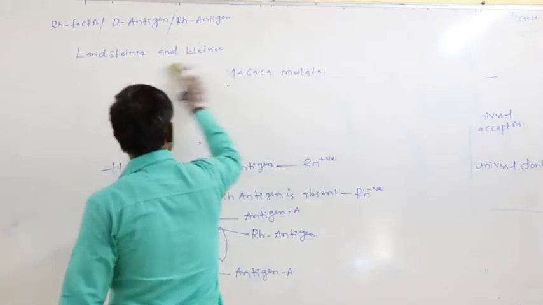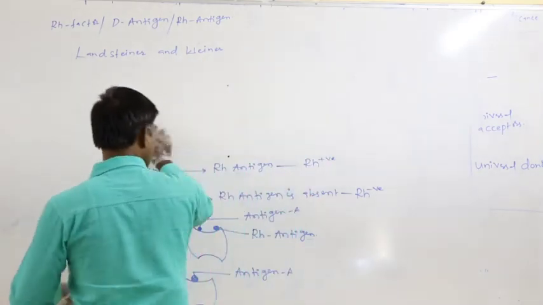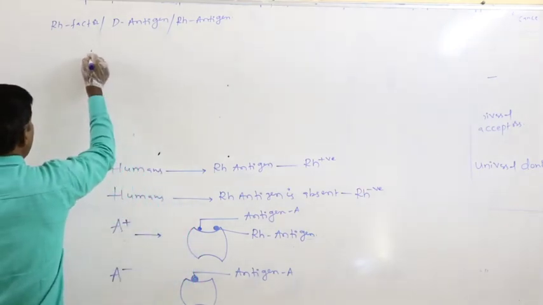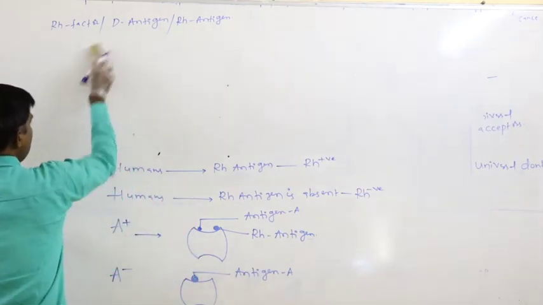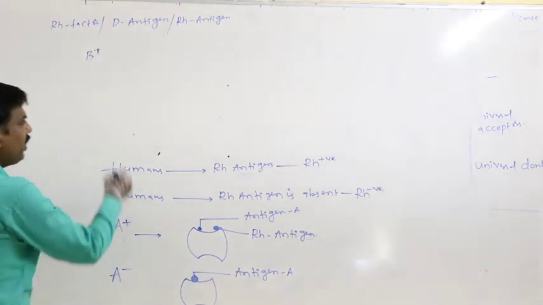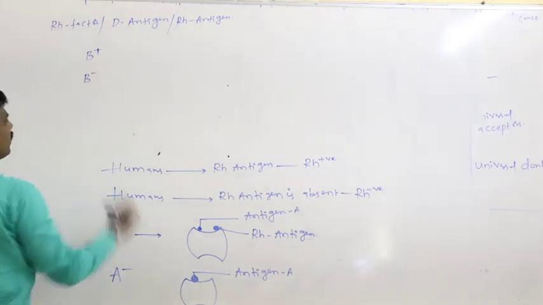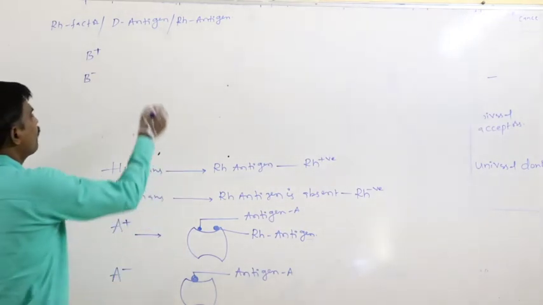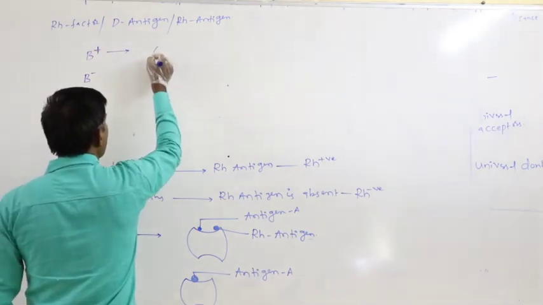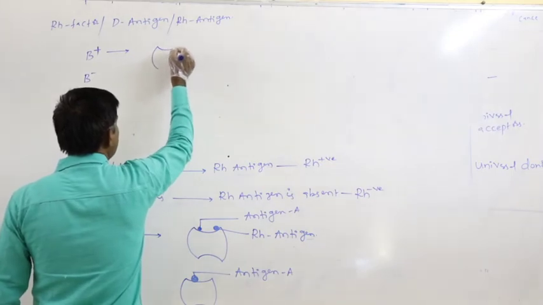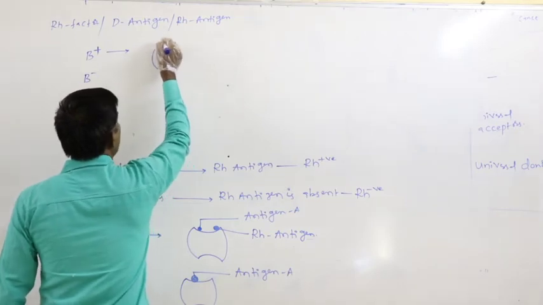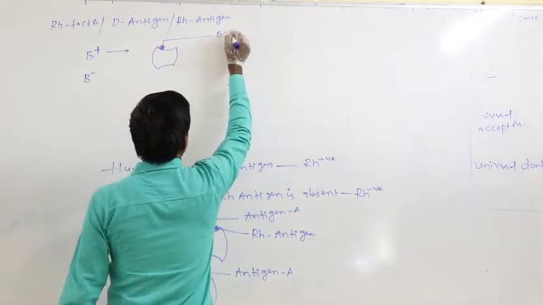So similarly, in A blood grouped person, in B blood grouped person, B positive blood, B negative blood. What is B positive? When we say the blood is B positive, on the surface membrane of the RBC, this is the normal antigen, the B antigen.